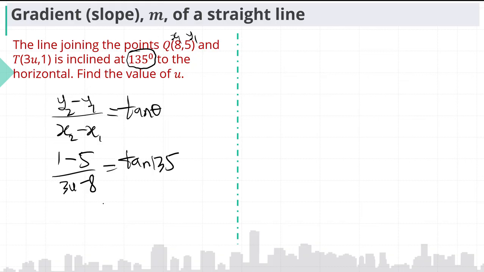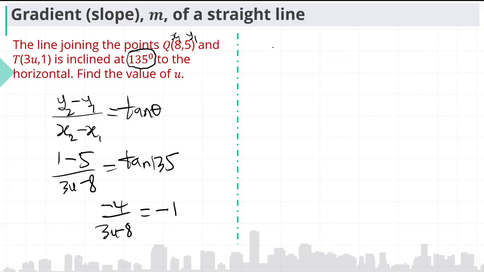So we get minus 4 divided by 3u minus 8. Tan 135 gives us what? Tan 135 gives us minus 1.